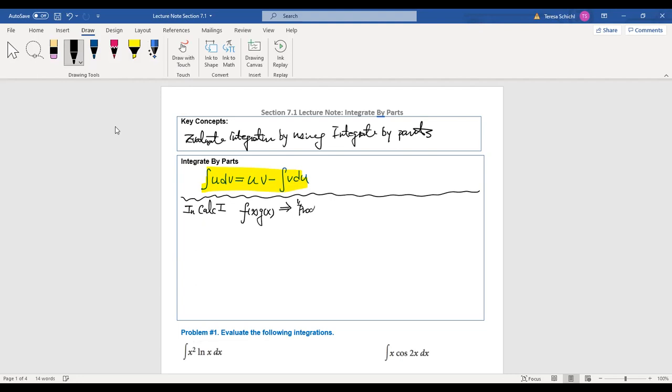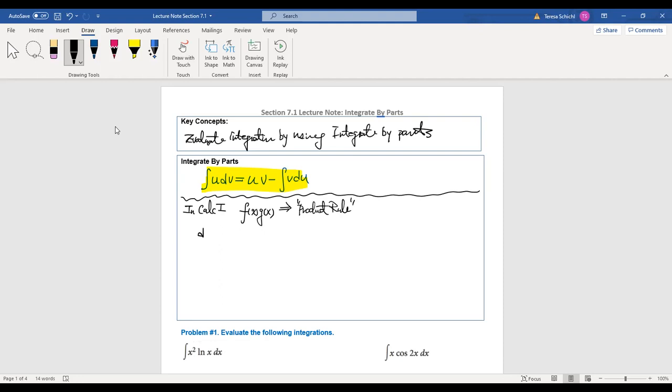I'm going to use the product rule, right? The product rule tells you that when I take the derivative, you hold one function constant and take the derivative of the other one, plus you hold the other function constant and take the derivative of the first one.